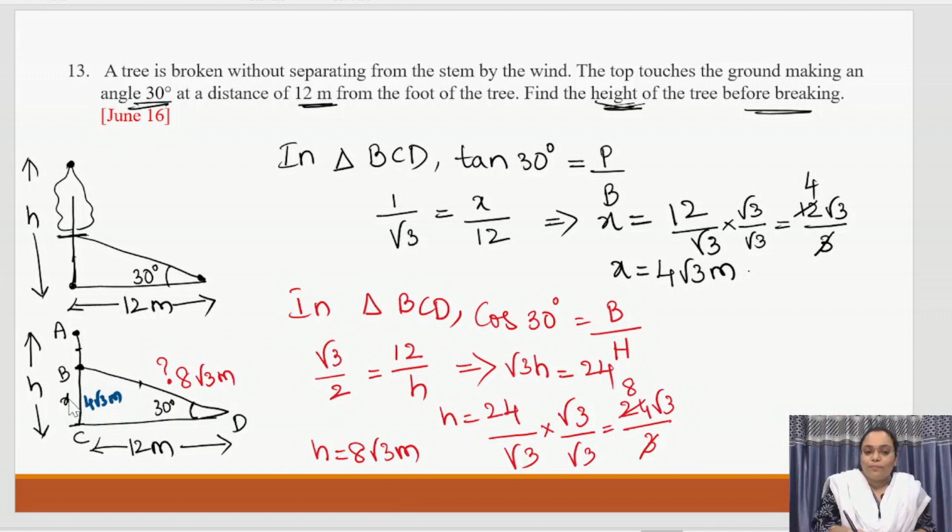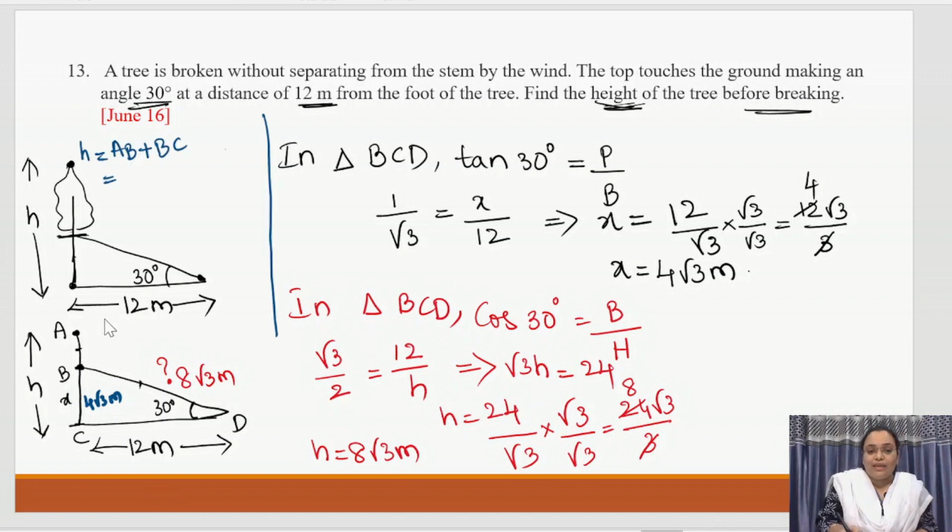So we know BC, which is 4 root 3, and we know BD, which is 8 root 3 meters. Now we can find the total height of the tree. If you add AB and BC, you will get the total height of the tree.